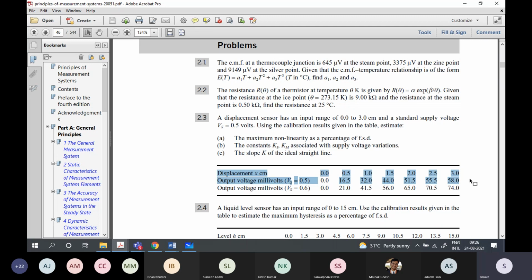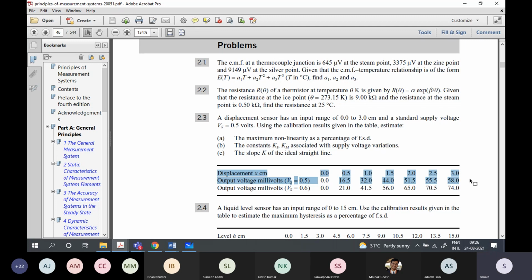The question is that a displacement sensor is given and some calibration results are given. Actually, when a displacement was applied and the output was seen, we got these outputs. Now we have to construct a non-linearity specification of the instrument.